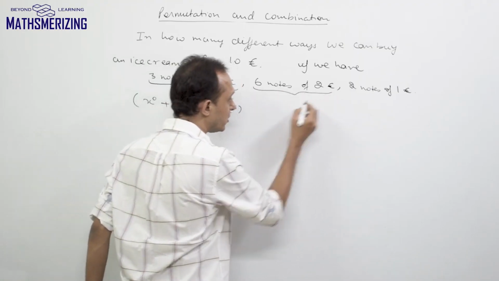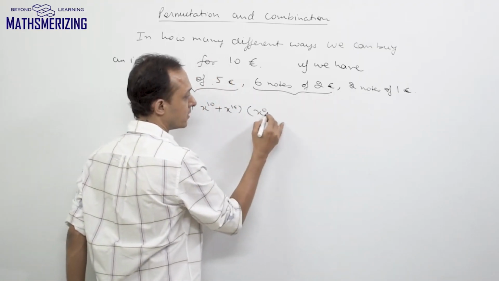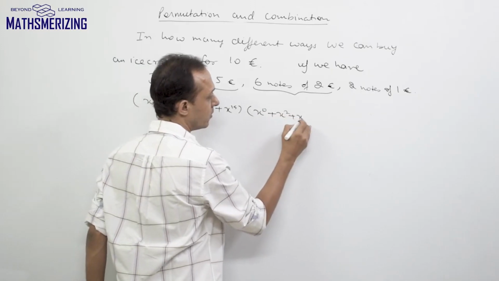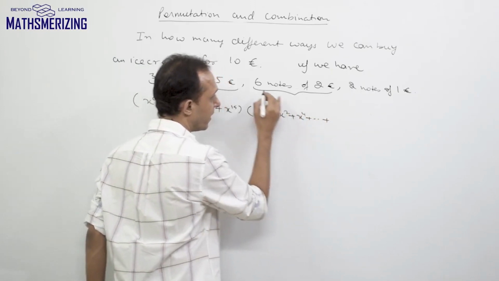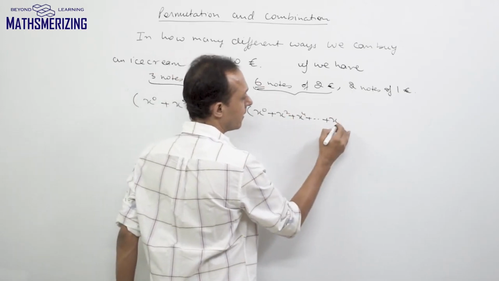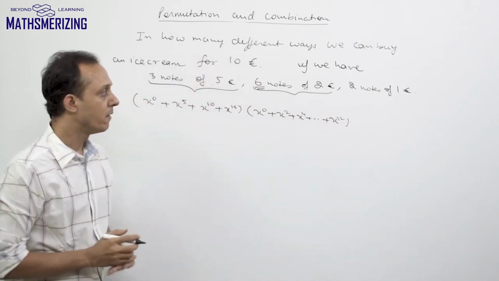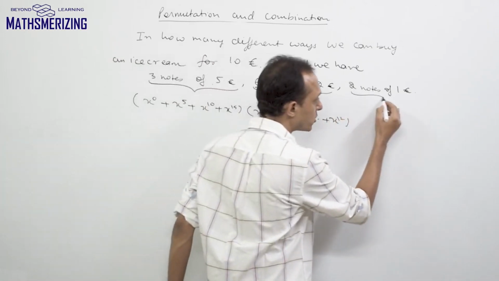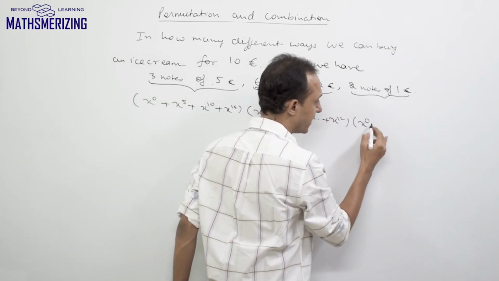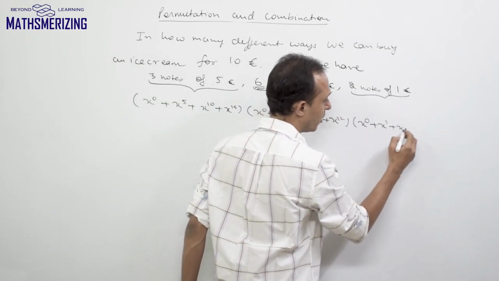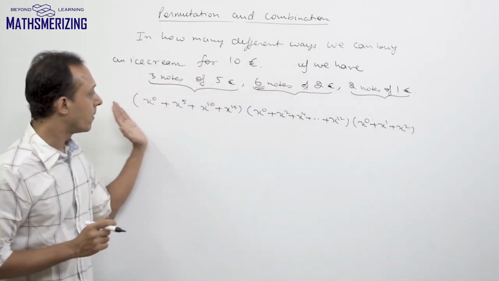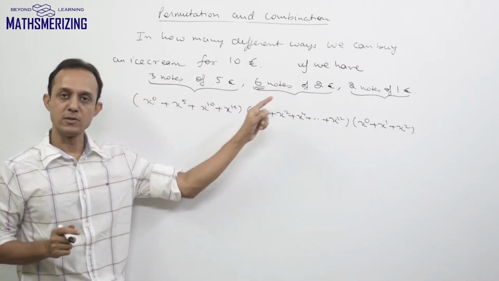Now, for the 2 euro notes, I'll write x to the power 0, x to the power 2, x to the power 4, and then if I spend all the 6, it'll be x to the power 12. And then for these 2 notes of 1 euro each, either I'll spend 0 or 1 euro or 2 euros. So this is how I can spend all these notes.